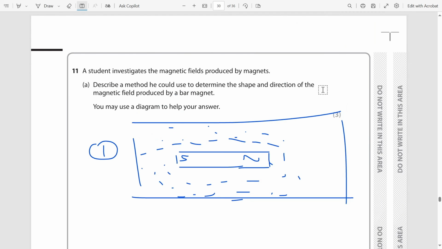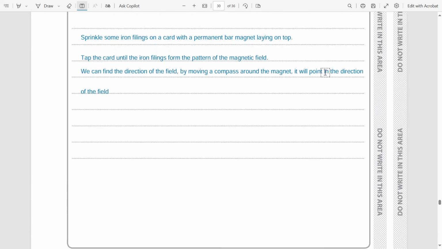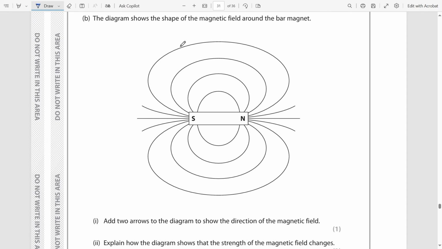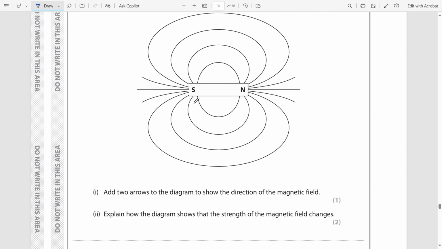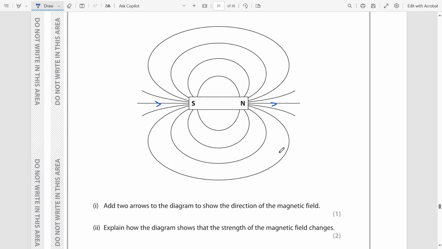Perfect. Okay, let's add 2 arrows to the diagram. Okay, so let's just do this and this. I think would be the best place to put them, as long as they're correct.